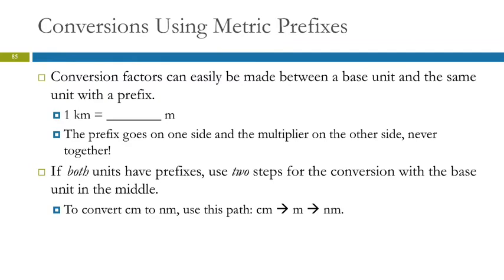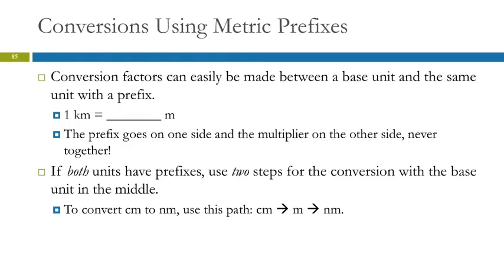Metric prefixes. So conversion factors with metric units are very easy if you have those metric prefixes memorized or you have the table handy. So we just substitute the prefix with the times 10 to the whatever that it means, right?